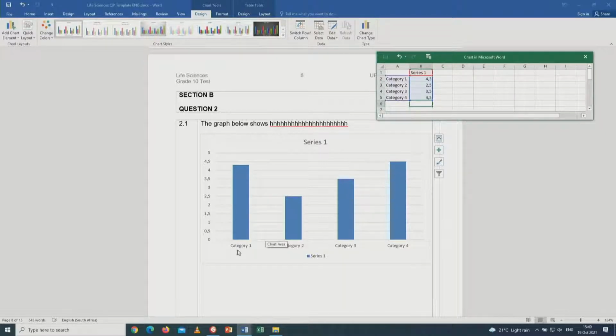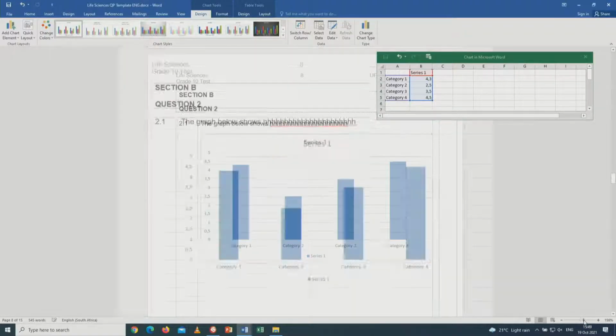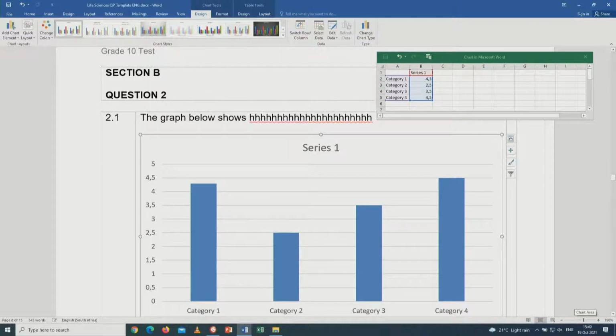Look there on my explanation. There's now also category. Let's see if I can enlarge a little bit. Here it is. Category is at the bottom of my columns. So I want, in my particular graph, months of the year: January, February, March, and April.